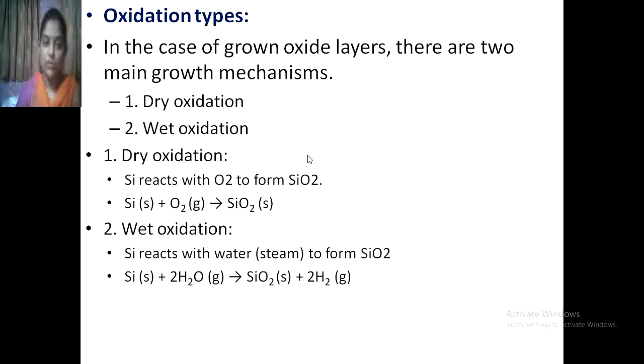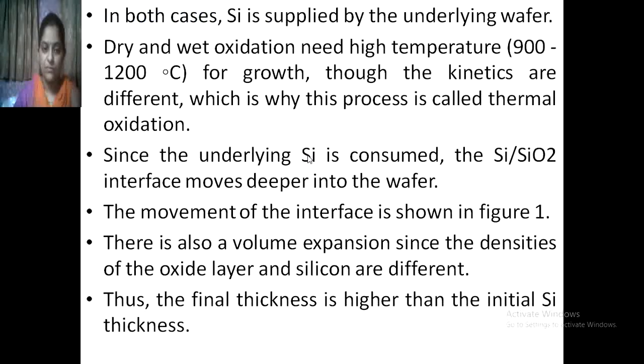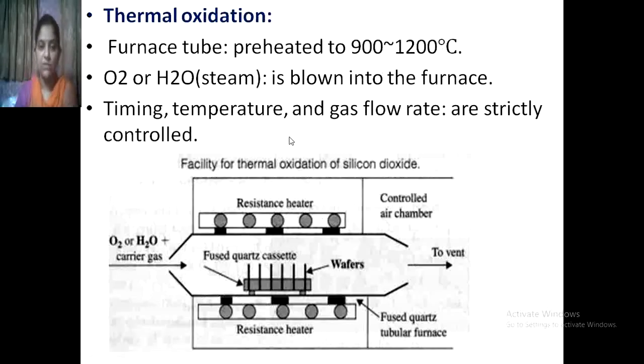Dry oxidation is Si reacts with O2 to form SiO2, and wet oxidation is Si reacts with water, that is steam, to form SiO2. We have also seen what conditions are required for dry and wet oxidation.